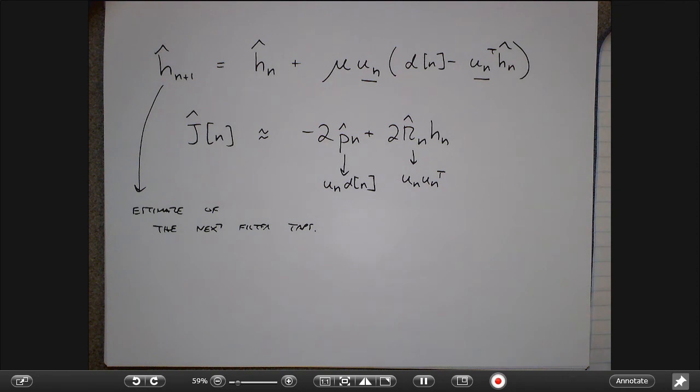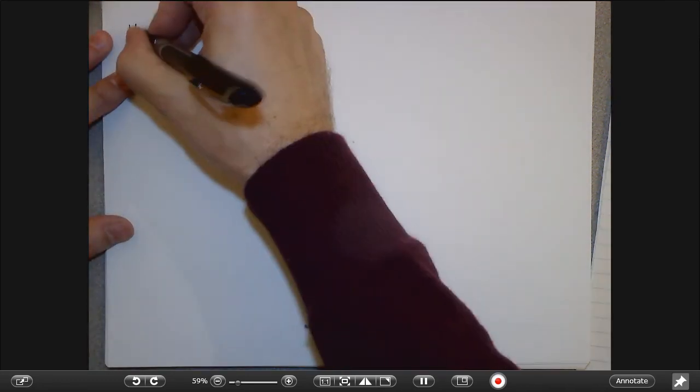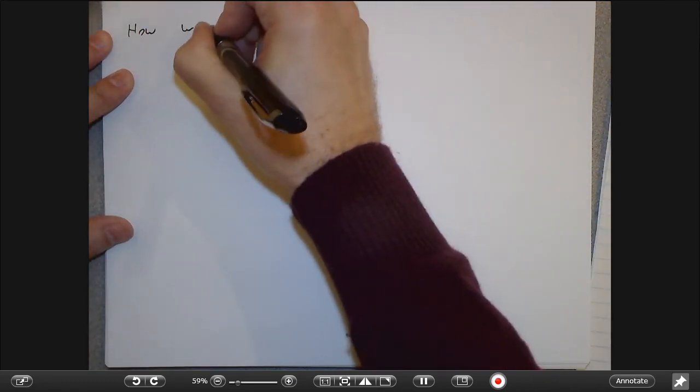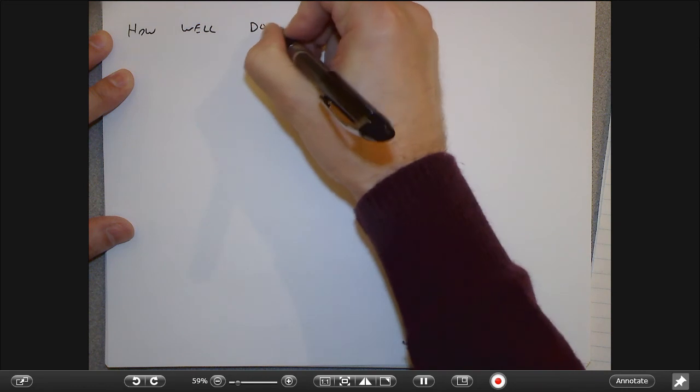And so, again, people have done a lot of analysis to figure out how well this convergence algorithm works.